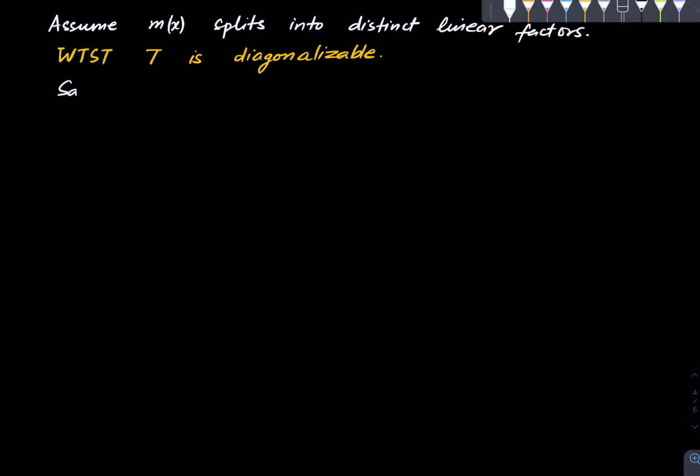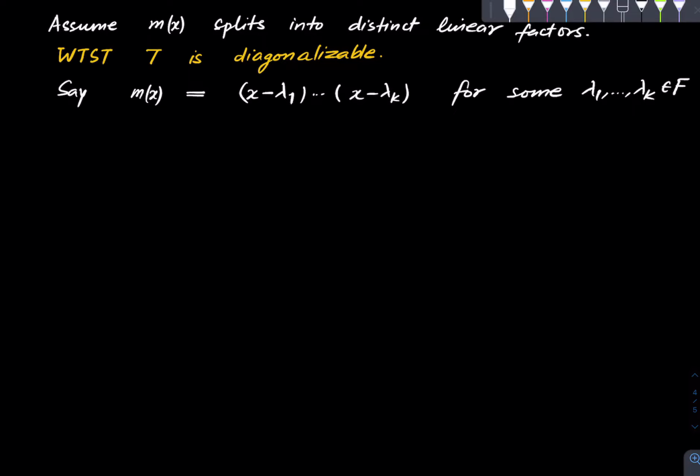So say m_T(x) is equal to that for some lambda 1 up to lambda k in the base field, with them being pairwise distinct, right? By hypothesis, such lambda_i's exist.